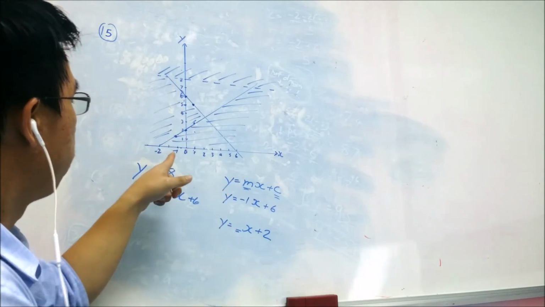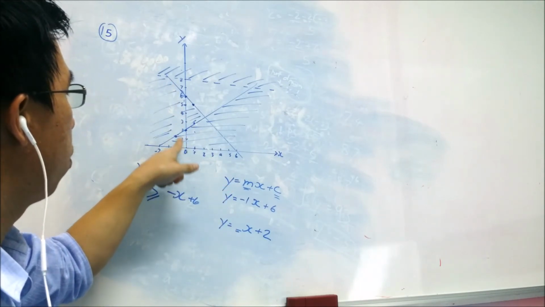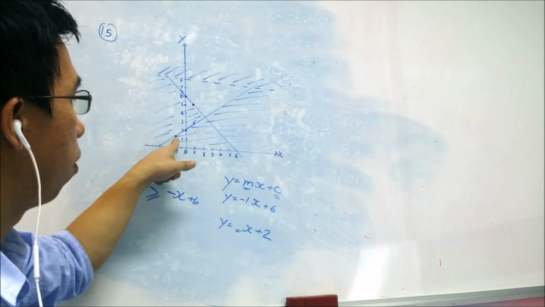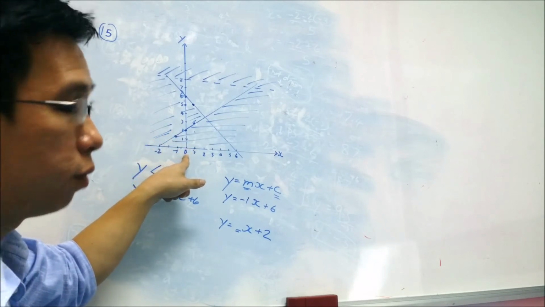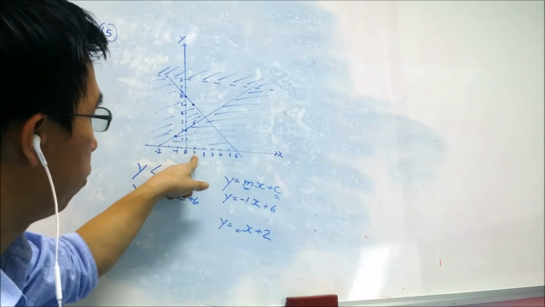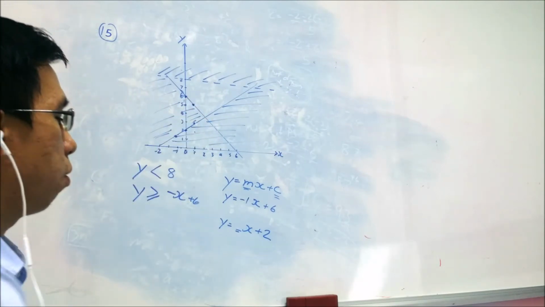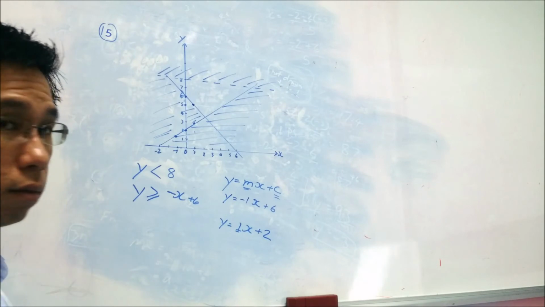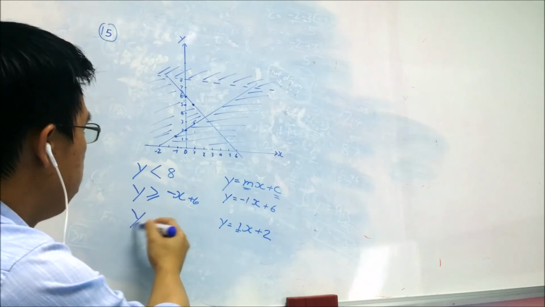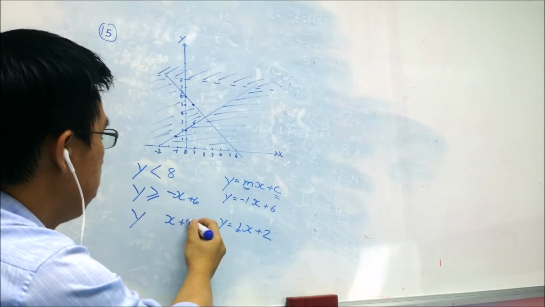From 0 to 1, x increases and y also increases from 2 to 3. So the slope is 1, which means we have x plus 2.